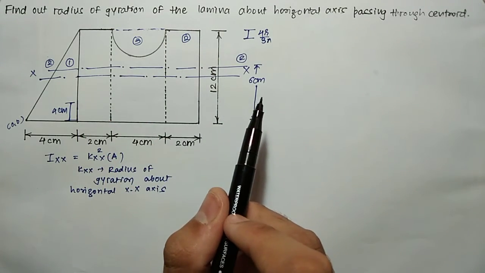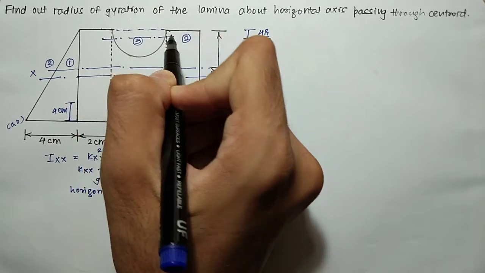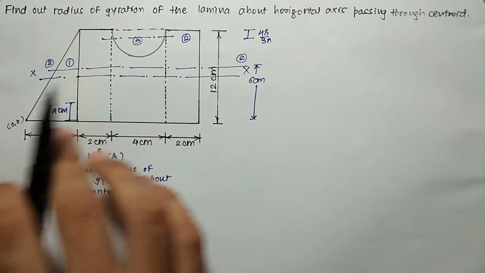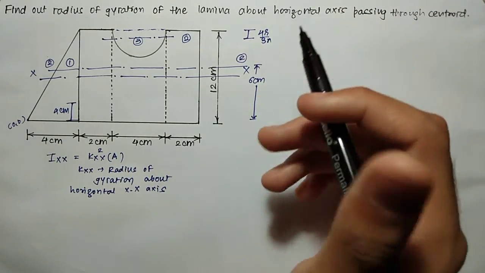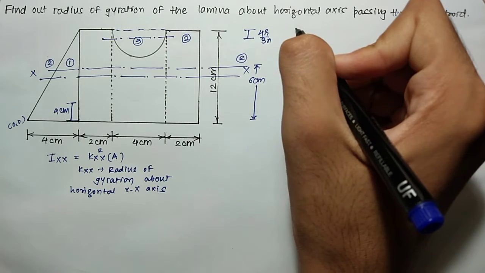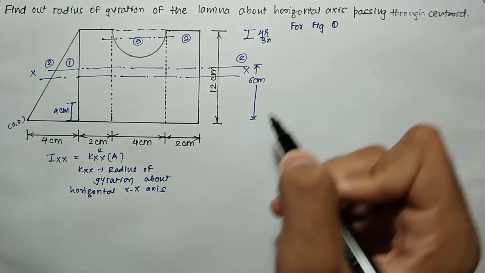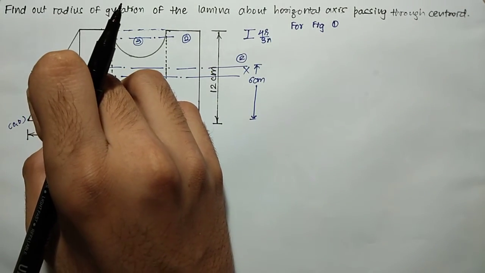Now we need to locate the centroid of the standard figures that we have obtained by splitting this lamina, from the origin. So let us note down for figure number 1, that is 4 cm from the origin.